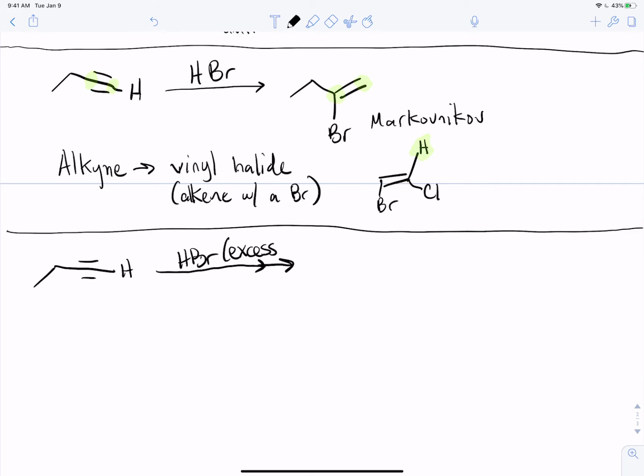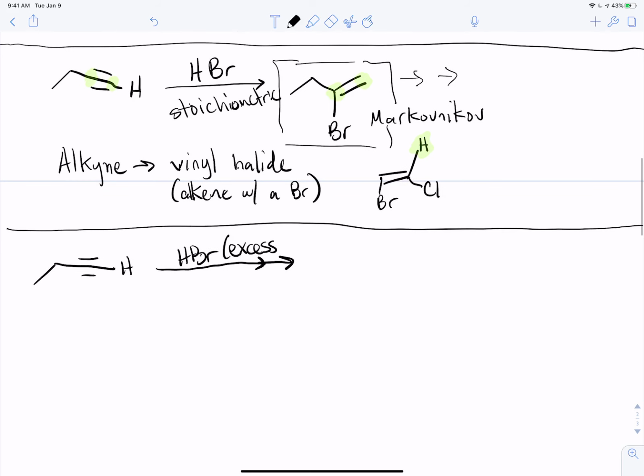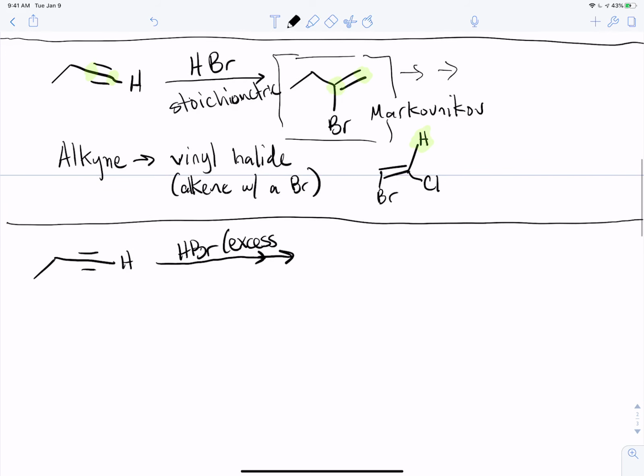So instead of stopping at the alkene, like we did up here at the top, that alkene can just keep going and react more if you have an excess of HBr in there. So up here we're working at stoichiometric conditions, meaning that we have 1 mole of HBr for every mole of alkyne that we have in there.